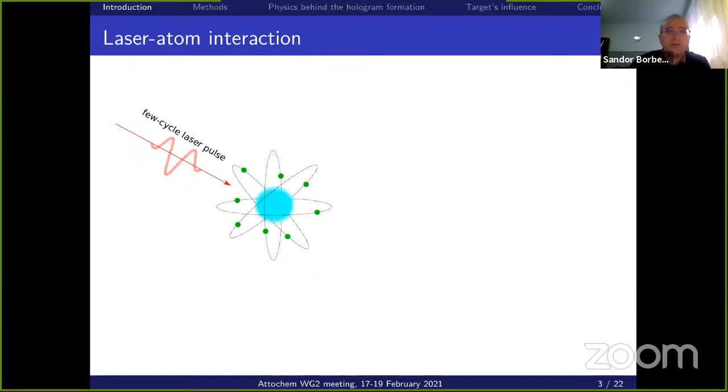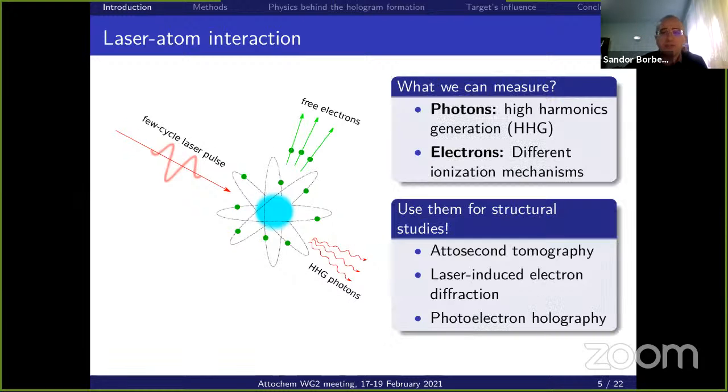As you all know, when an atomic system interacts with a few-cycle laser pulse, continuum electrons and high harmonic photons are produced, which can be detected, and these detected particles can be used to extract structural information regarding the target atom or molecule.